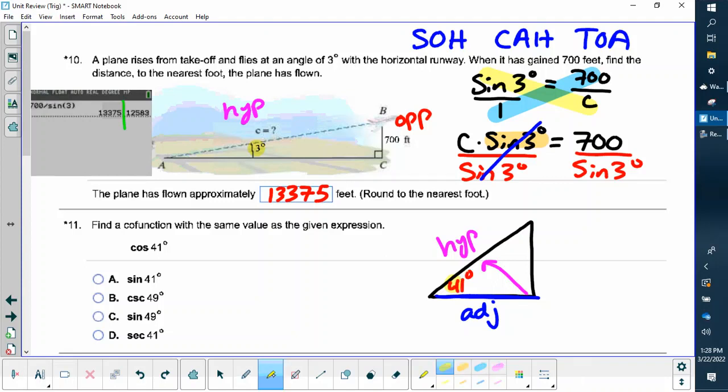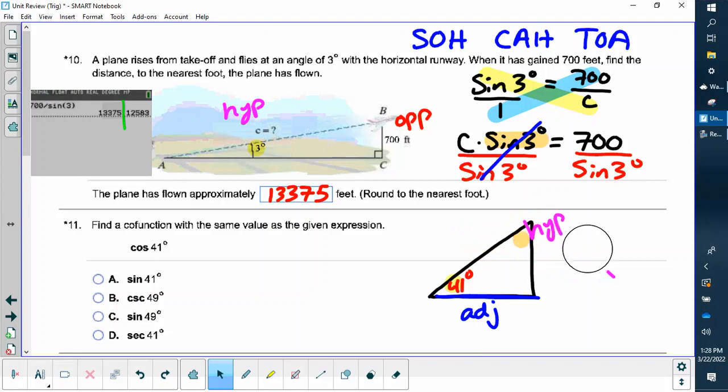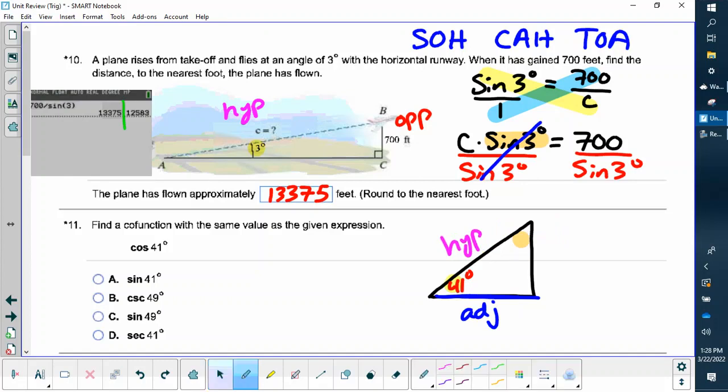The cofunction is, well, what would happen if I went up here and looked at this angle? Now, if this is a 90-degree angle, which it is, then we know all triangles add up to 180, so that means these two angles here, the orange and the yellow, have to add up to 90. So if that's 41, then this one has to be 49 degrees.